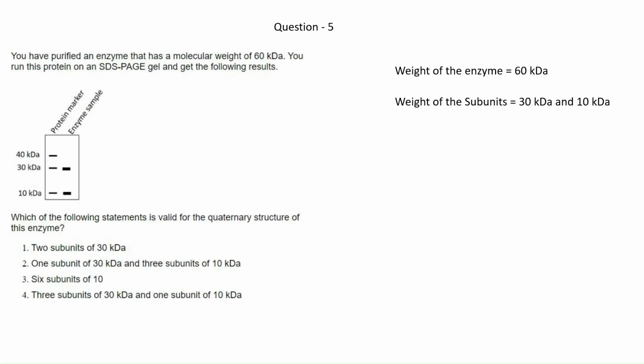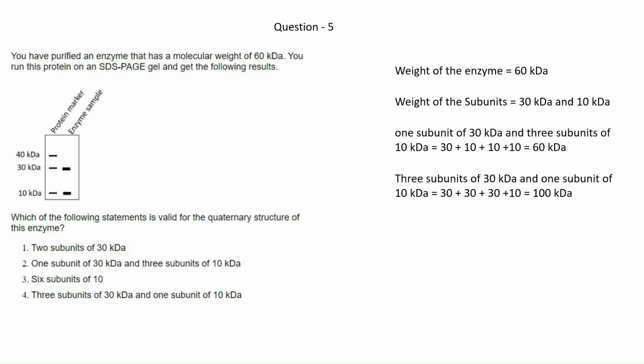Now let's consider option 2, 1 subunit of 30 and 3 subunits of 10 kilodaltons. So the total will be 60 kilodalton, which is our answer. Now considering option 4, 3 subunits of 30 and 1 subunit of 10, the result will be 100 kilodalton, which is not the weight of our enzyme. So our answer will be option 2.